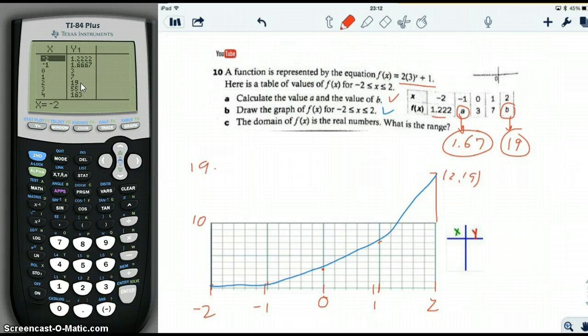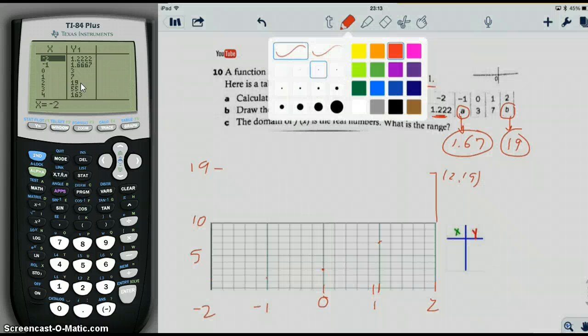That would be about 19, right? This would be about 5. And I was supposed to graph 1.22 and 1.67, and you can see I went too low. 1.67 would be about there, and 1.2 would be there. Okay, so sorry about that.